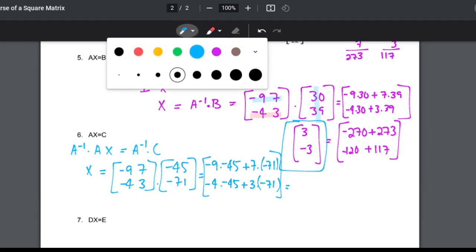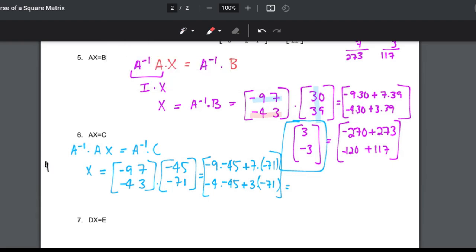So if you need to do some math off to the side, we're going to do 45 times 9. That gives me positive 405. And then 71 times 7 gives me negative 497. Subtract 405 minus 497, I get negative 92.